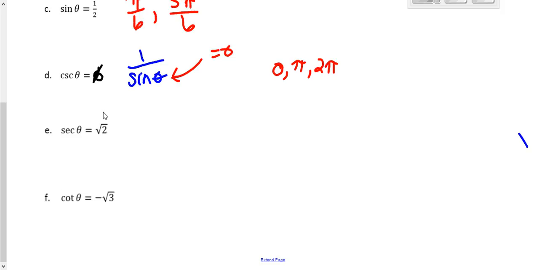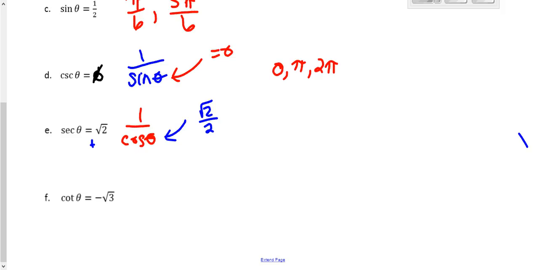Next, secant. Where is secant equal to the square root of 2? So looking at this problem, we have secant is 1 over cosine of theta. So there are only so many things on our unit circle with a square root of 2, and that's if cosine involves a square root of 2 over 2. So we are going to be looking where cosine is a square root of 2 over 2.